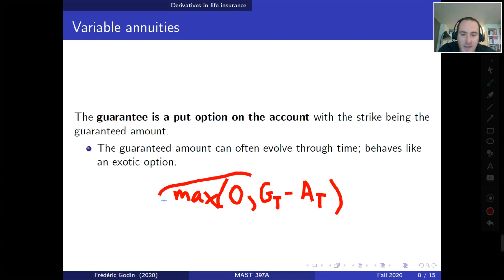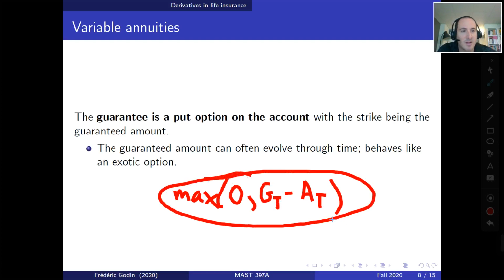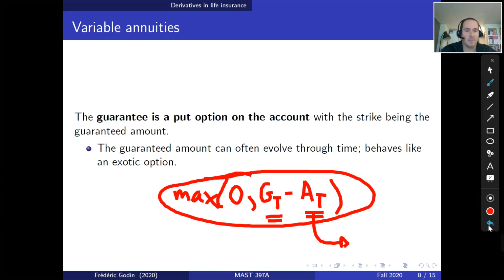Okay, so we can see that this contract is really a put option where the strike is the guaranteed amount and the underlying asset is the account. And since the account is invested in a mutual fund, typically containing stocks or bonds, we see this is a risky component. So you can treat that as the underlying asset of the option, which behaves like stocks or something like that.